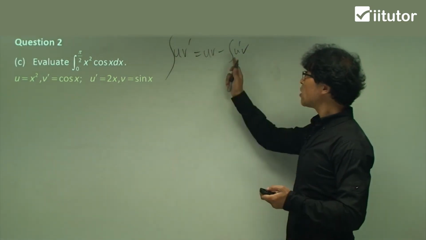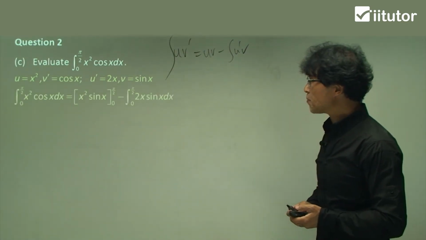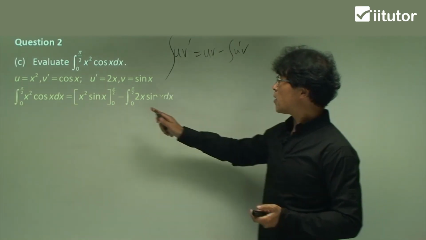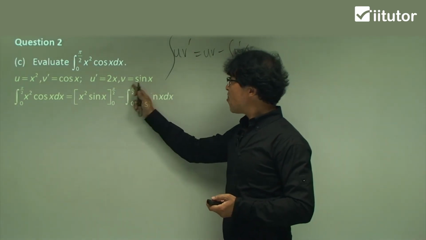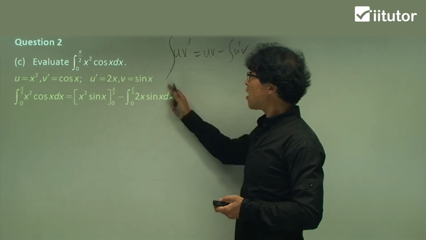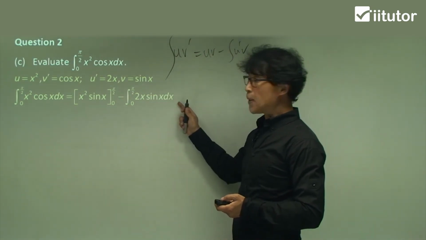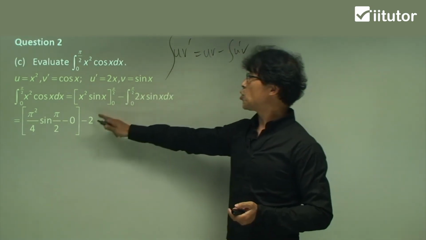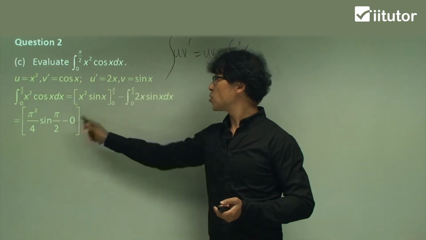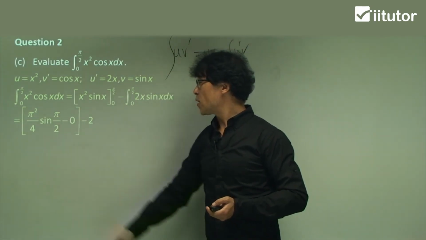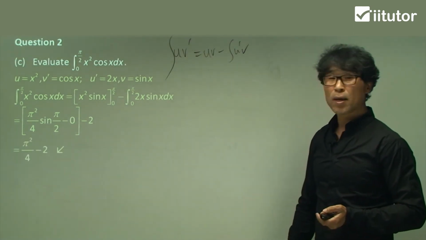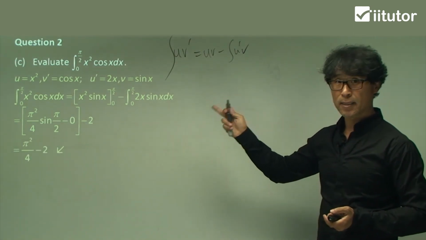Okay, and put them into this formula. So substitute. That one, we have calculated already in part B, so that was 2. So we can substitute pi on 2 and 0. So that's 1. So pi squared on 4 minus 2 is the value for part C.